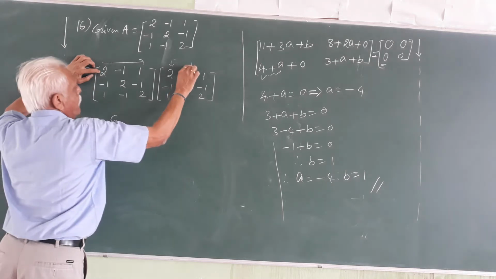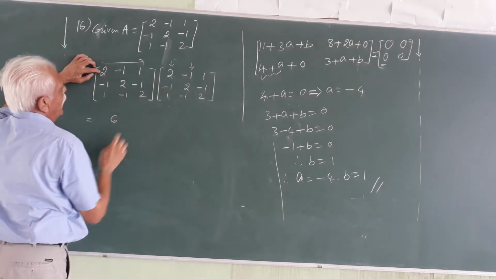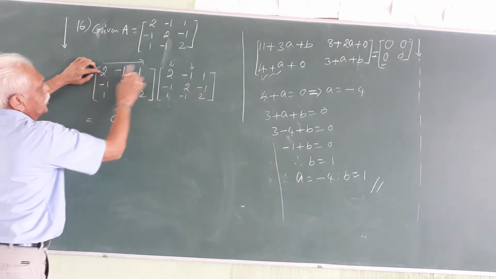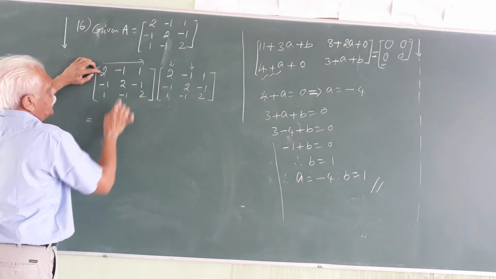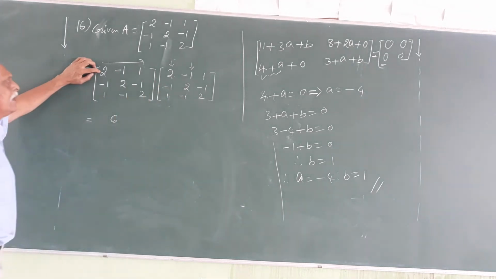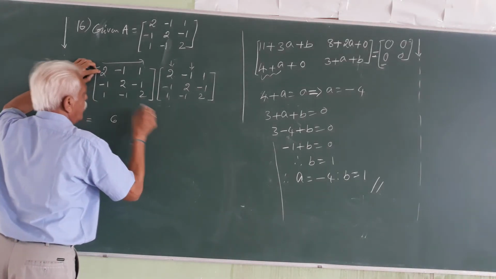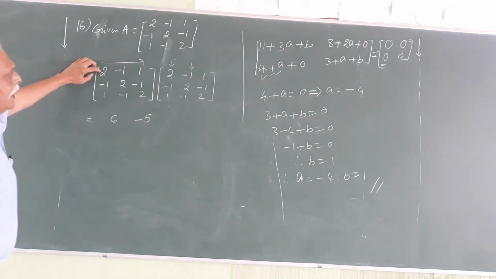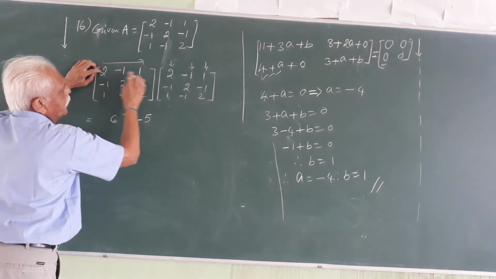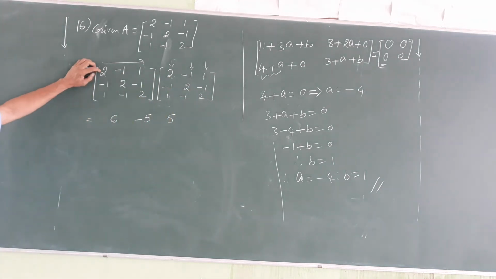So multiplication of the first column is over. Now second column: 2 into minus 1 is minus 2, minus 1 into 2 is minus 2, 1 into minus 1 is minus 1. So you are getting minus 5. Then third column: 2 plus 1 plus 2, 5.